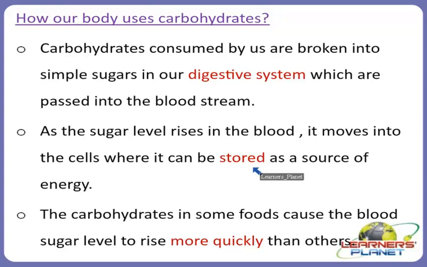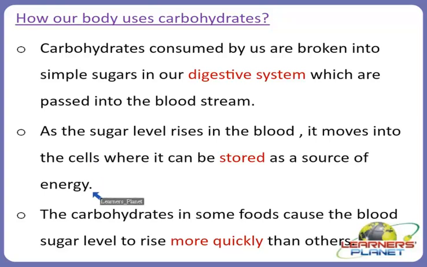So always remember, as the sugar level rises in the blood, it will move on to the cells, and there it will act as a storage form. Whenever it is in the stored form, you can use it as a source of energy any time.